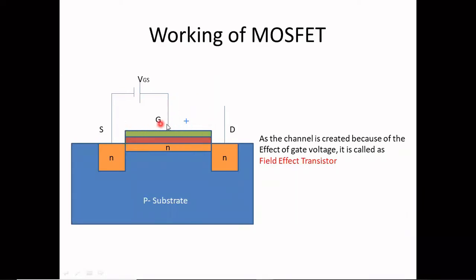I am providing an electric field here, and because of the electric field at the gate region, a channel is formed. So it is called a field effect transistor. It is called MOS because it is metal oxide semiconductor. It is called FET, or field effect transistor, because a channel is created because of the effect of the gate voltage.